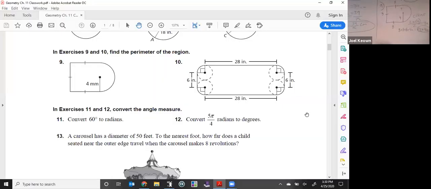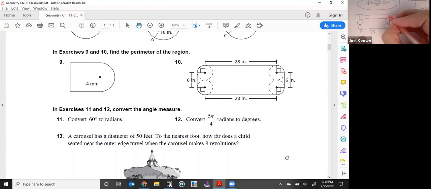What about problem number 10? Draw this one out. This is going to be a little harder to draw. So from here to here is 28.